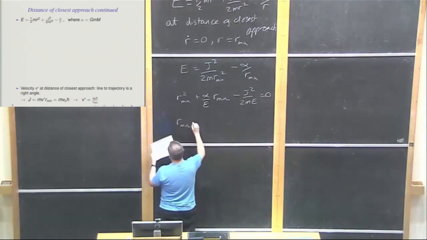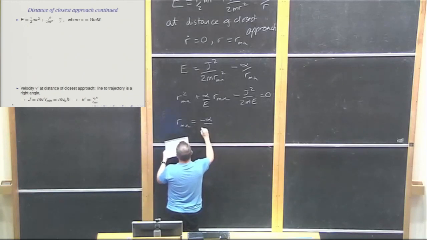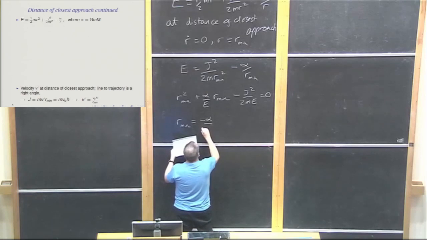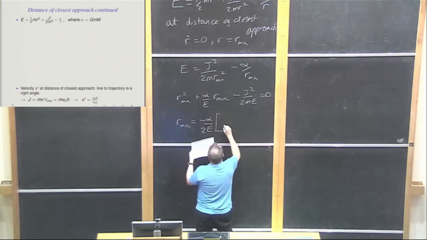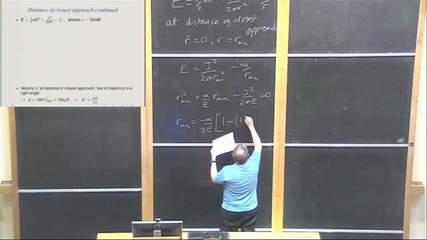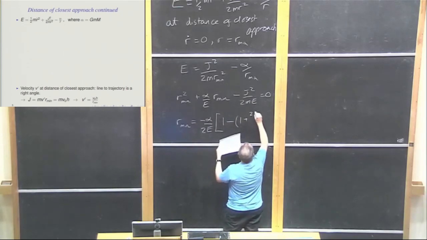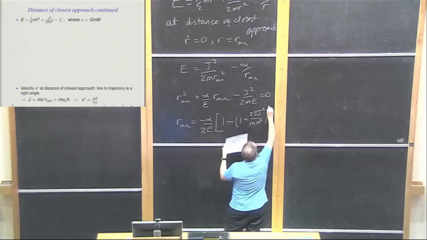And we get an expression which we've had before. So r min equals minus alpha over 2E, all times 1 minus (1 plus 2E j squared over m alpha squared) to the power a half.